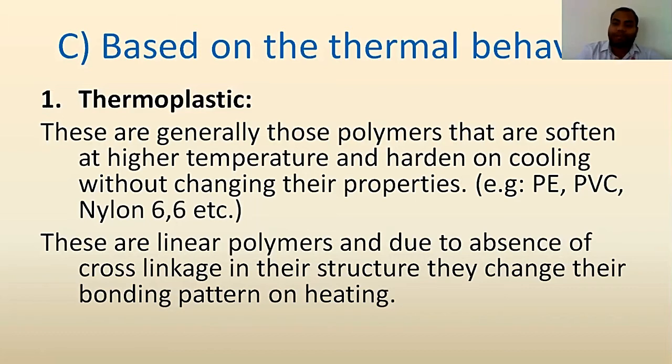You know that with plastics, when you apply heat, the plastics change their rigidity to become softer, but when they cool on lowering the temperature, they harden. But due to this transformation of softening and hardening, they do not change their property.